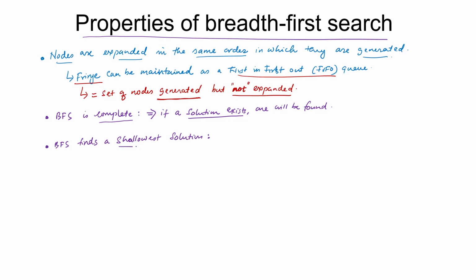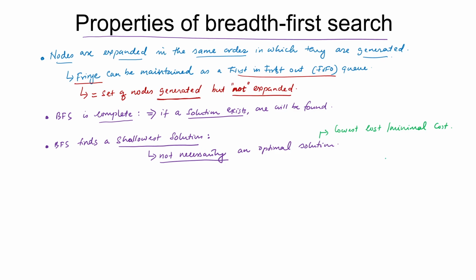Okay. The key word is not necessarily an optimal solution. The most important aspect is it is not necessarily an optimal solution. What is an optimal solution? I think you remember what I mentioned, the lowest cost or minimal cost. Okay. So, it need not be the lowest cost solution, but it will find the shallowest solution.